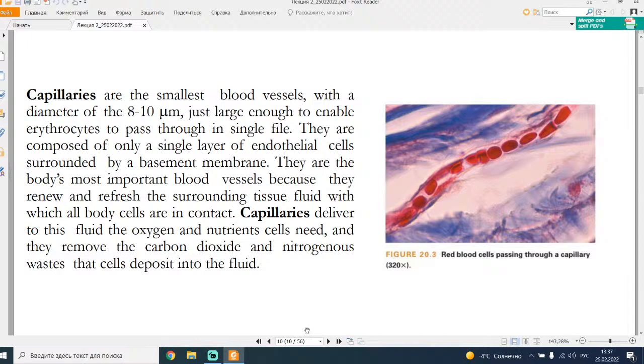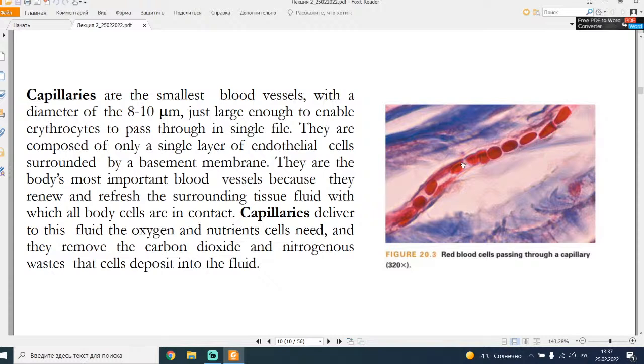Next section, capillaries. What you see? Red blood cells passing through a capillary. Capillaries are the smallest blood vessels with a diameter of 8-10 micrometers, just large enough to enable erythrocytes to pass through in single file.